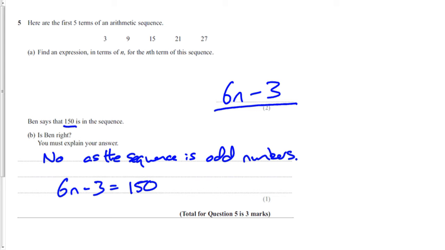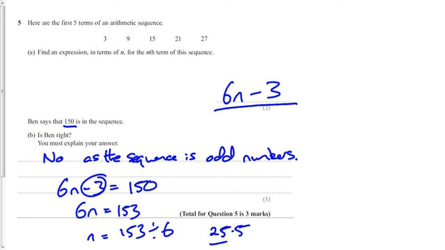So we need to get rid of this minus 3, so we add it to the other side. So I've got 6n equals 153. n equals 153 divided by 6. Now, 153 divided by 6 turns out to be 25.5. So because it's a point something, it means that it doesn't lie in the sequence.